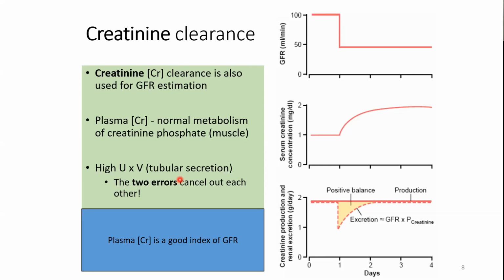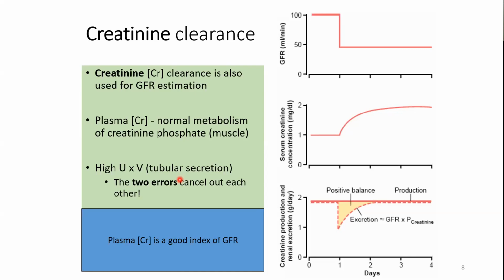Now, if you can imagine, put this in the clearance equation. The amount of creatinine coming in the urine includes the secreted creatinine, so it will be elevated. The U multiplied by V for creatinine will be falsely elevated, but the plasma concentration will also be elevated.